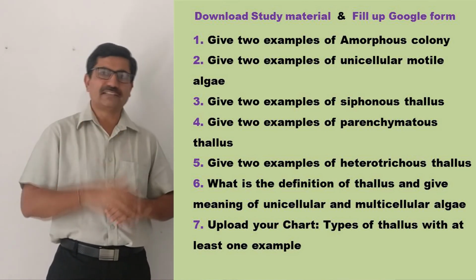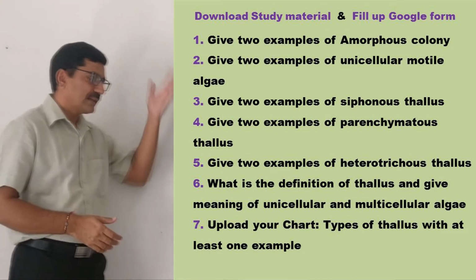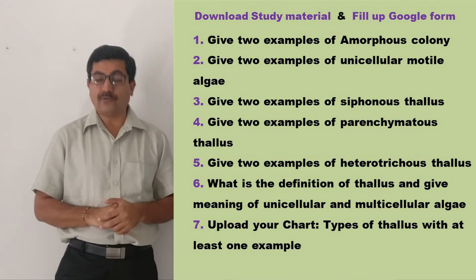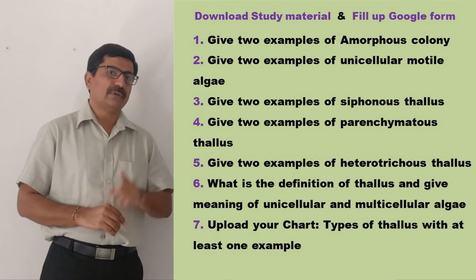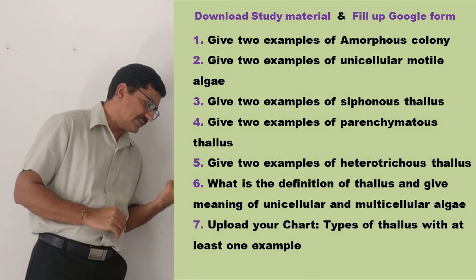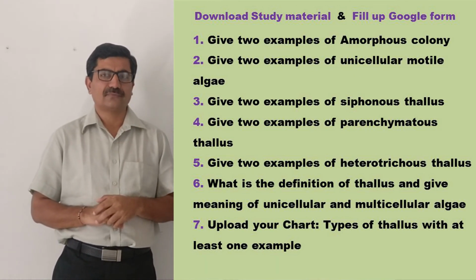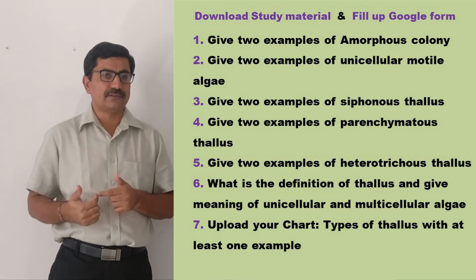I think you are now a master of this form. So take a screenshot before you fill it up. Remember all the examples, and same as in question number 7. Look at question number 7: a chart. So in the previous part we discussed the different types.